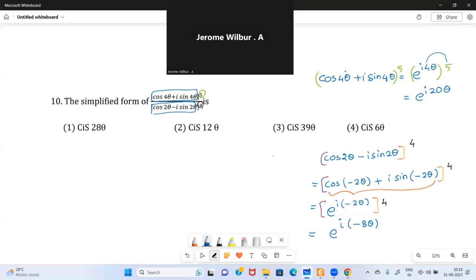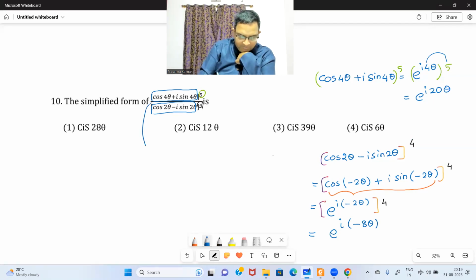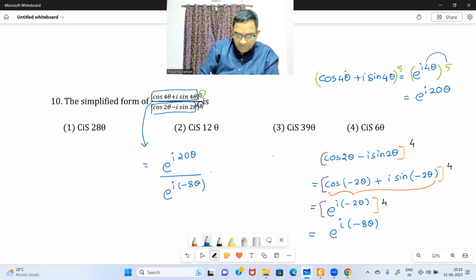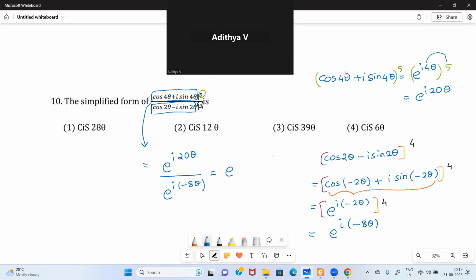Now let me do the substitution. So what will this be, guys? Numerator is nothing but e power I 20 theta. What will be the denominator? E to the power I minus 8 theta. Very good. Now what can I do? Reciprocal.